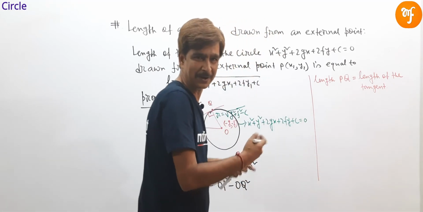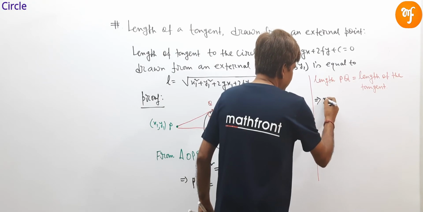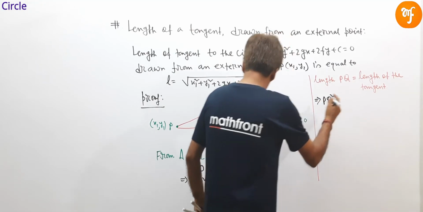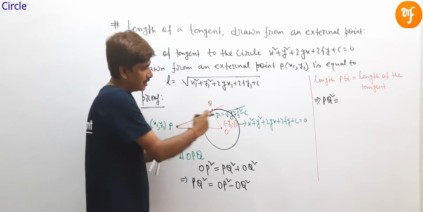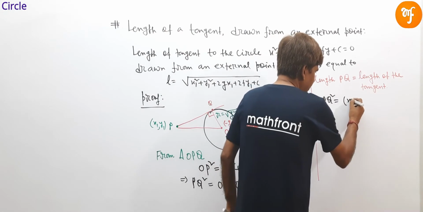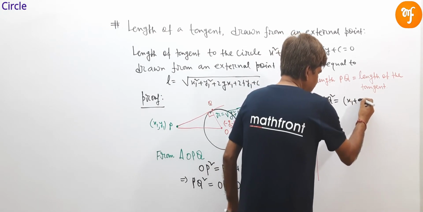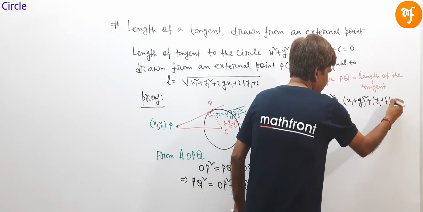So let's calculate the value of PQ. PQ square is equal to OP square. OP square means the distance between (x1, y1) and (-g, -f). So applying the distance formula, (x1 plus g) whole square plus (y1 plus f) whole square.